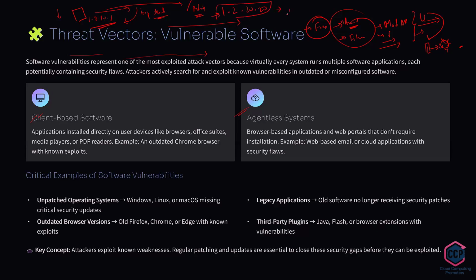This is the safe version, but if the old one is there on our endpoint or in our phone, what will an attacker do? He'll go to open source websites where he'll find that this application is vulnerable in this version and is having these security loopholes, and he'll try to use those loopholes in the software and try to get into your laptop.